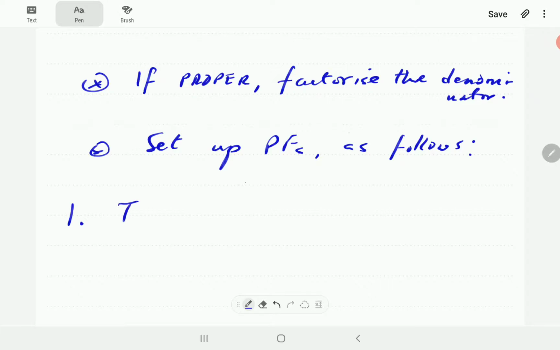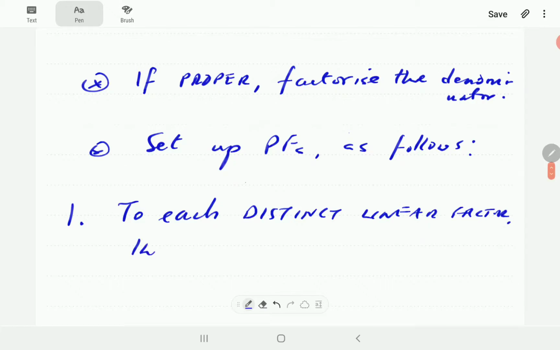Then what's going to happen is that to each distinct linear factor, we are going to have a corresponding partial fraction.